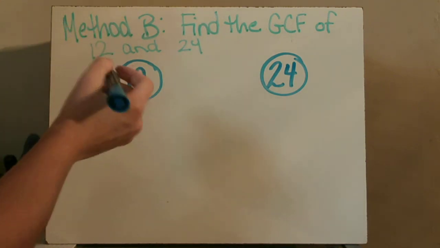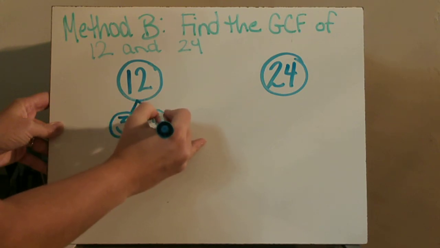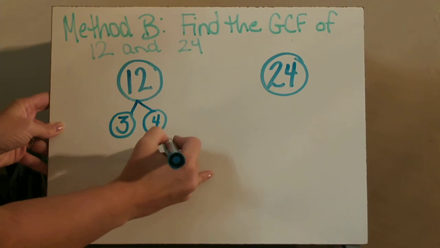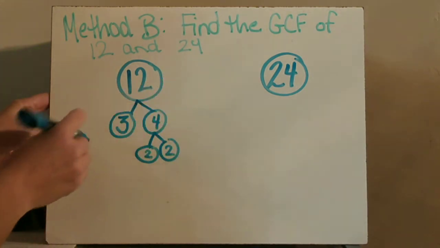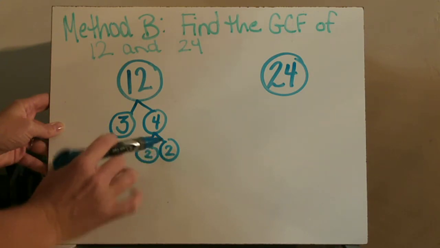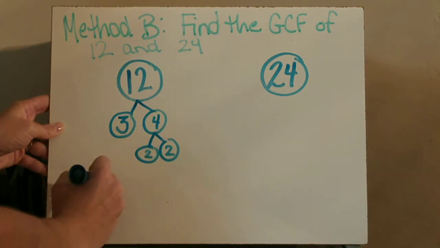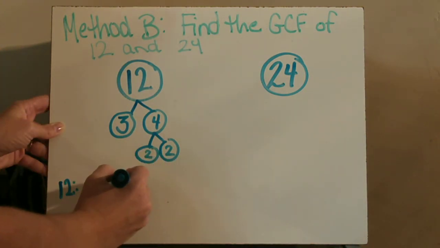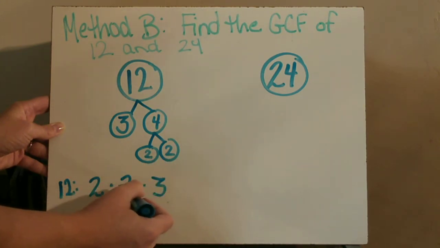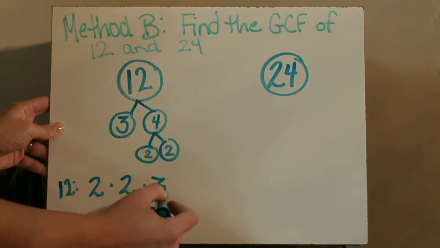Alright, so for 12, I know that 3 times 4 is 12, and 4 is 2 times 2. So I have finished my tree because I'm down to only primes, okay? So that means that the prime factorization of 12 is 2 times 2 times 3. And again, I just like writing my lower numbers first, even though I see 3 on the tree first. I have 2 times 2 times 3.